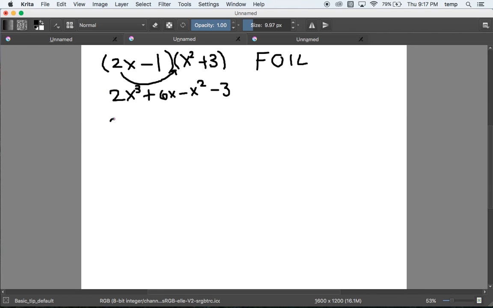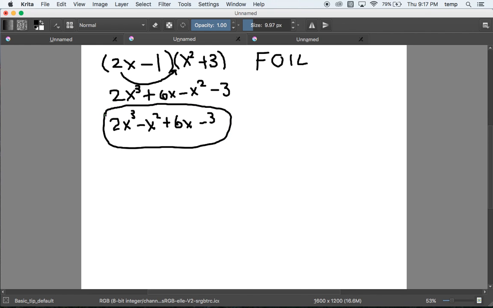Right, so our biggest power is x cubed, so that's first. Our next biggest power is x squared, so we'll do minus x squared. Our next biggest power is x to the first power, so that'll be plus 6x. And finally, we have minus 3 right there. And that's it. That would be fully multiplied and distributed.